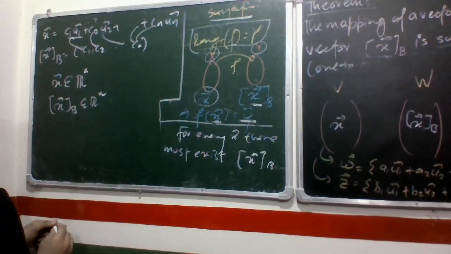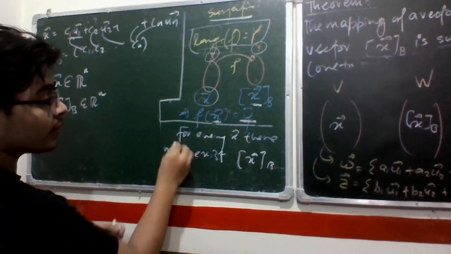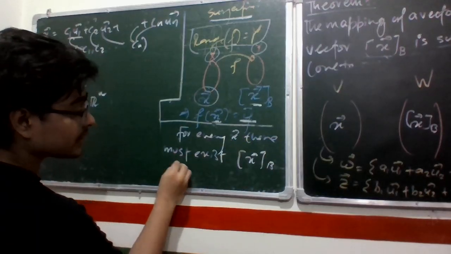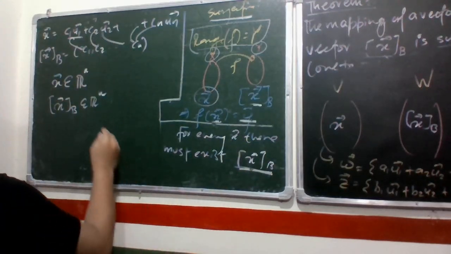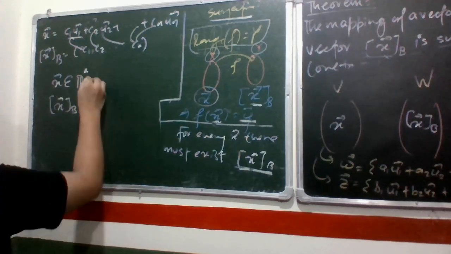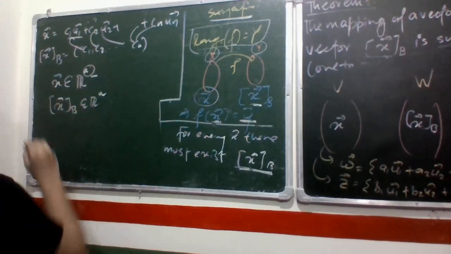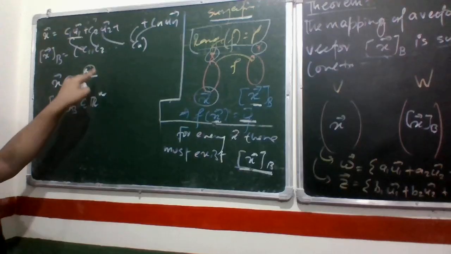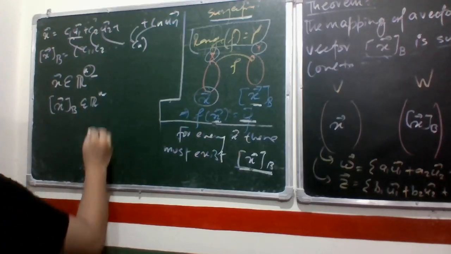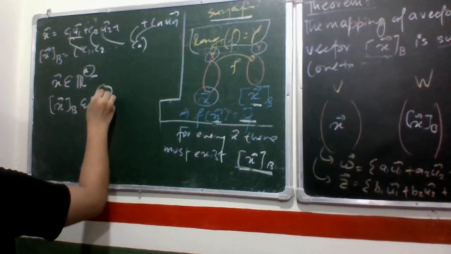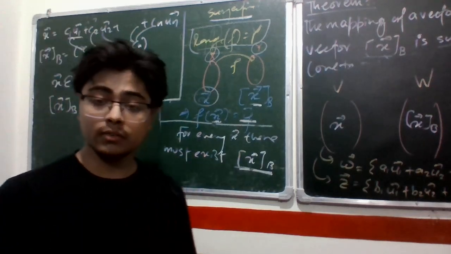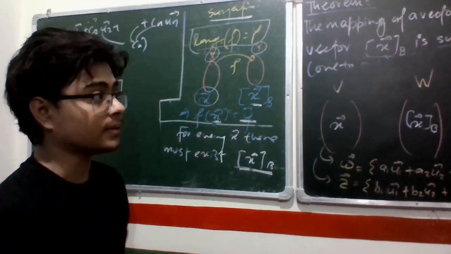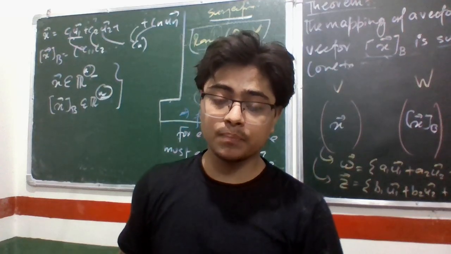To show that for every x there must exist a value of this, we can say that since it lies in the n-dimensional vector space, and it also exists in the n-dimensional vector space, it proves that for each x there exists a value of the coordinate vector. Okay, so this is it.